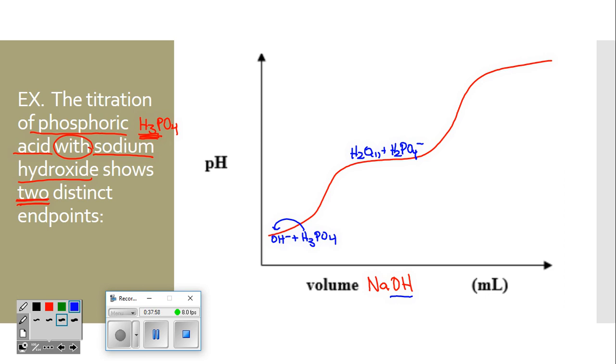Now, because I continue to add titrant, I add hydroxide here, and I can show the second reaction where H2PO4 negative is going to donate a hydrogen to hydroxide, leaving me with water and HPO4, 2 negative.